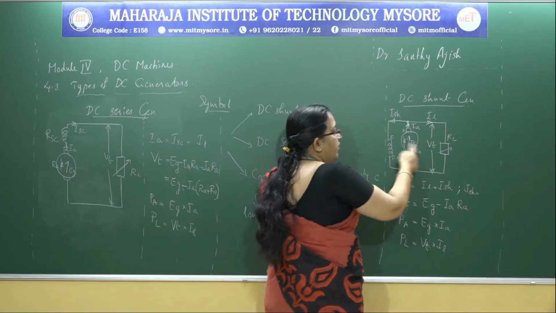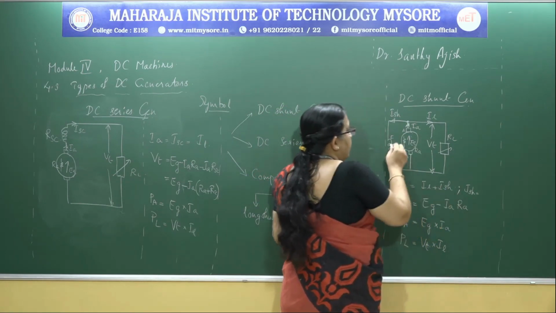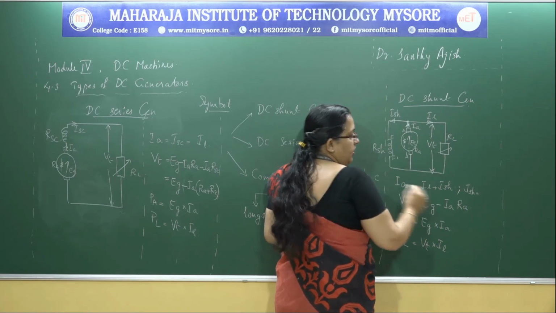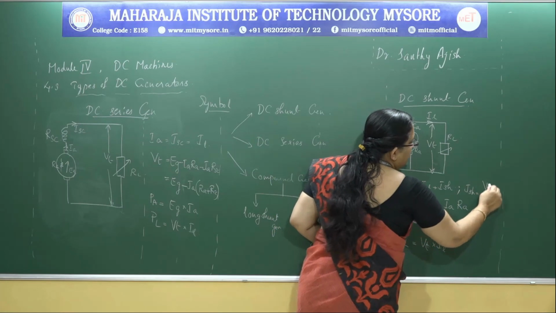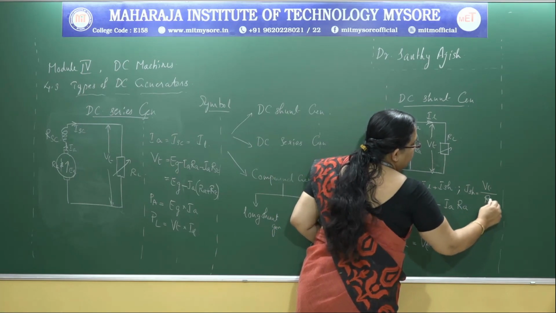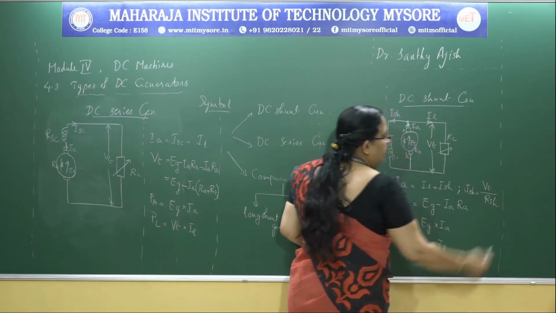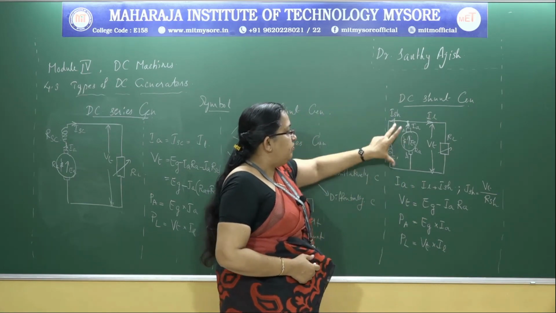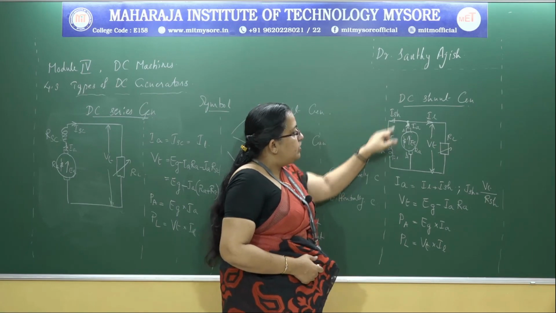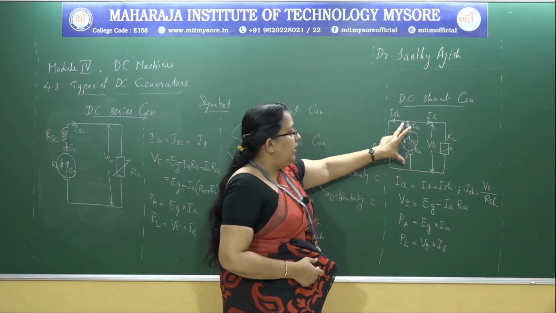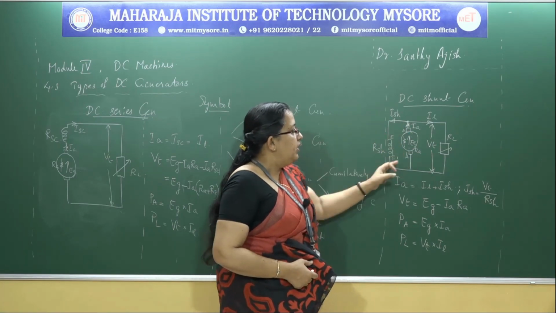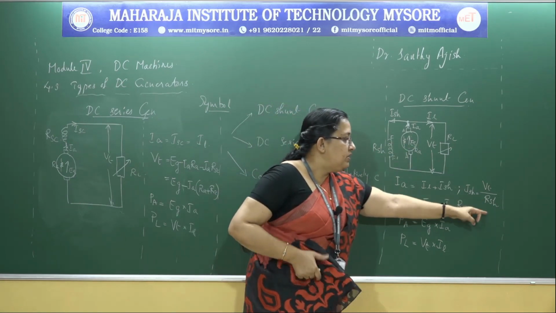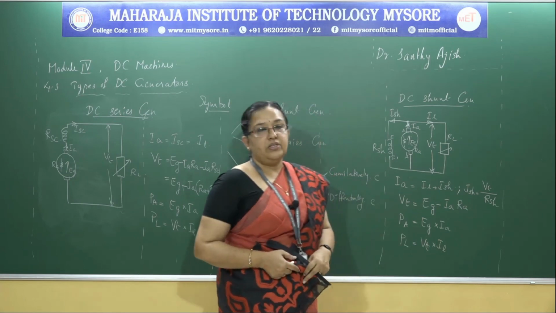So if the winding resistance is marked as RSH, I can write it as VT divided by RSH. So that way you can calculate the shunt field current ISH, which is V divided by R. So V is not EG, the V across the field is only VT. Because there is a resistance here, ISH equals VT divided by RSH.